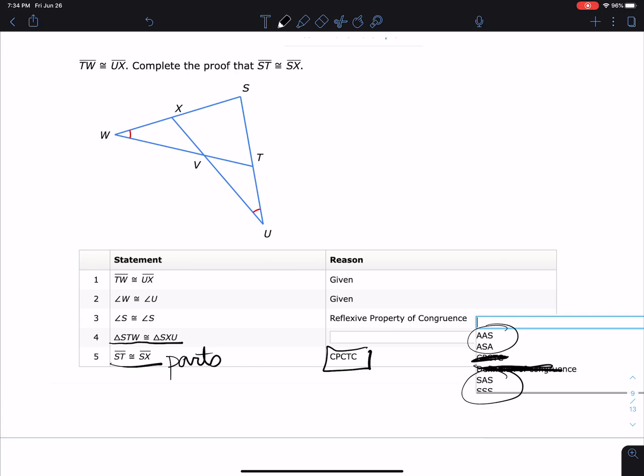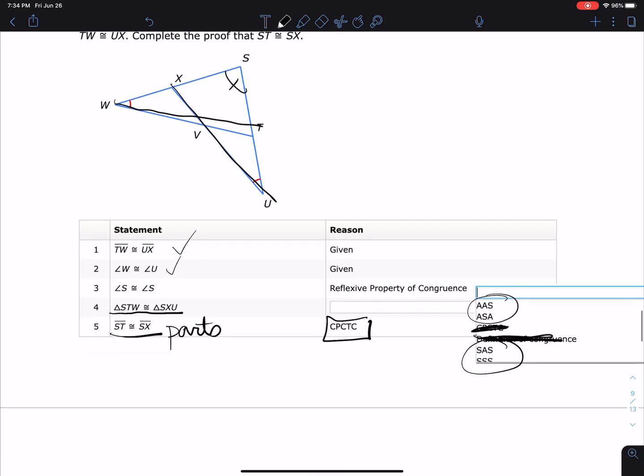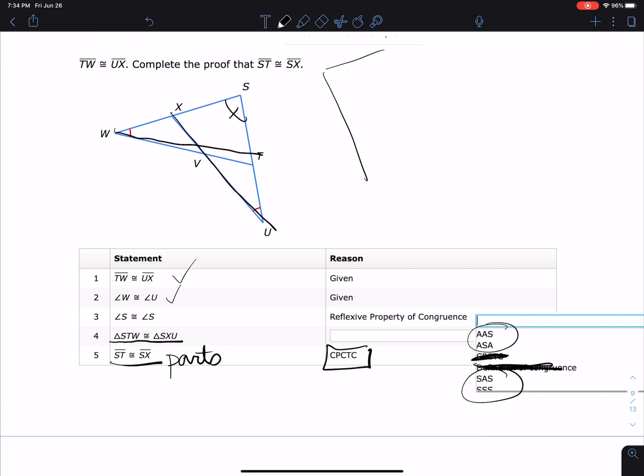So TW is congruent to UX. Angle W is congruent to angle U. That was marked. And then angle S is congruent to angle S. Well, obviously, because it's shared. It also helps to sometimes draw off the picture. So SXU. And then I'm drawing this one over here.